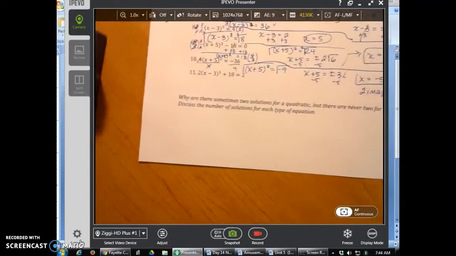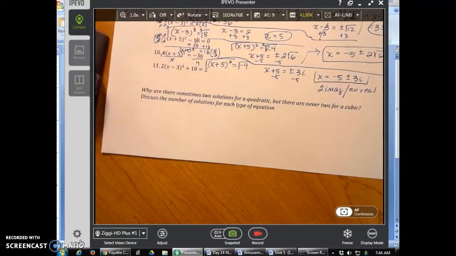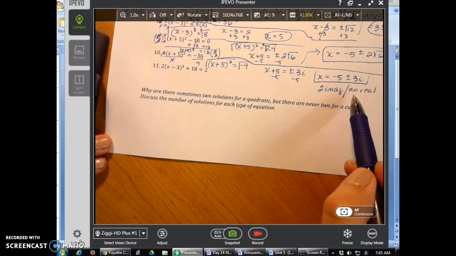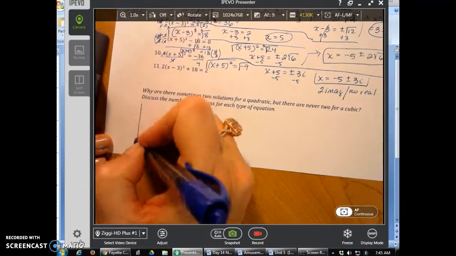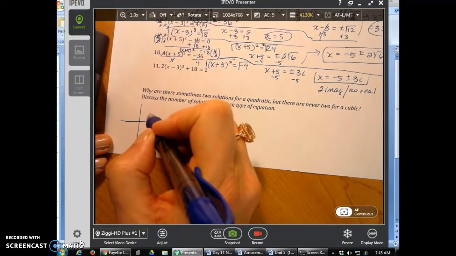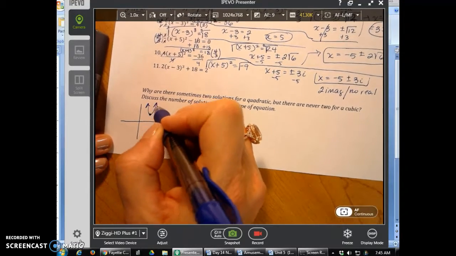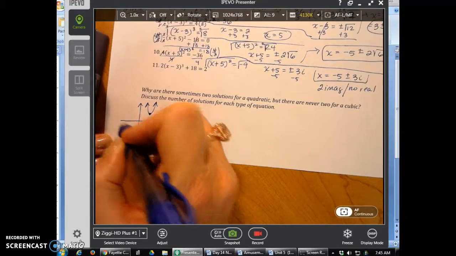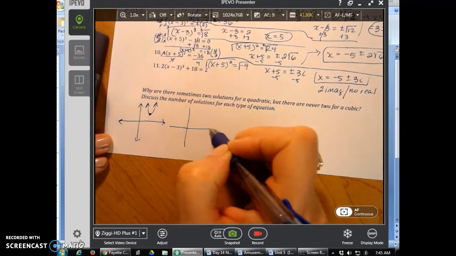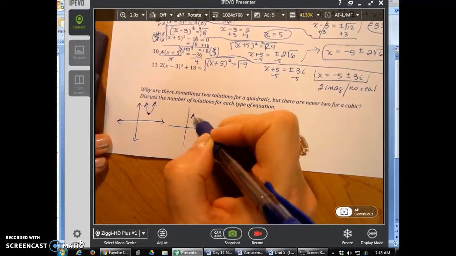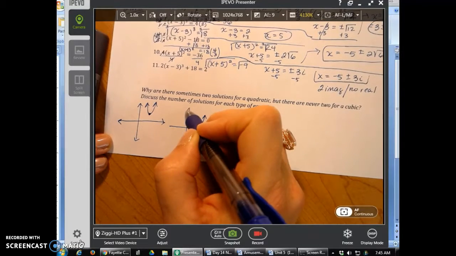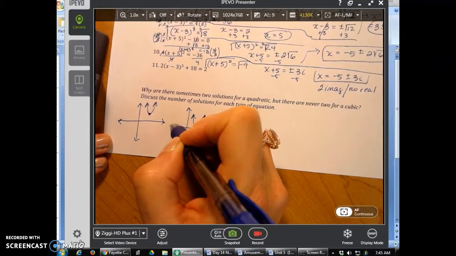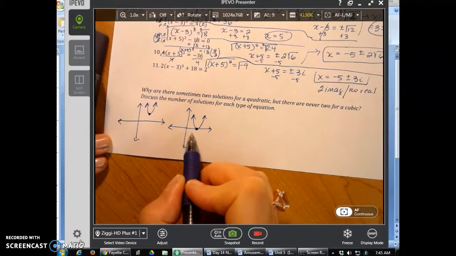So this is why sometimes there's two solutions for the quadratic, sometimes there's no real solutions. It's because of the shape of the quadratic. So I could have a quadratic, for example, that opens up like this. It doesn't cross the x-axis at all. I could have a situation where, if you remember, a perfect square trinomial gives you a double root, gives you two of the same number.